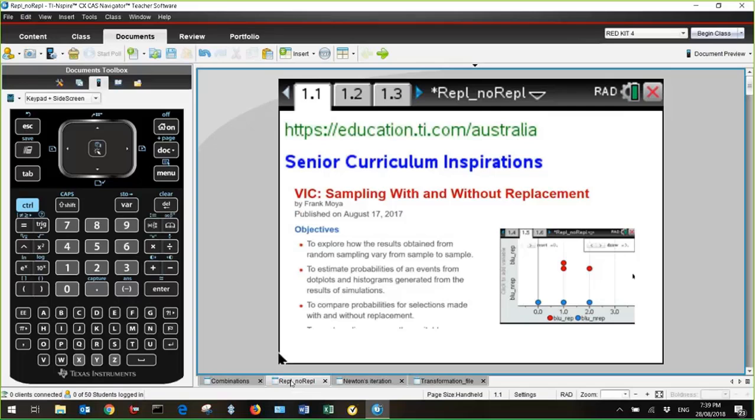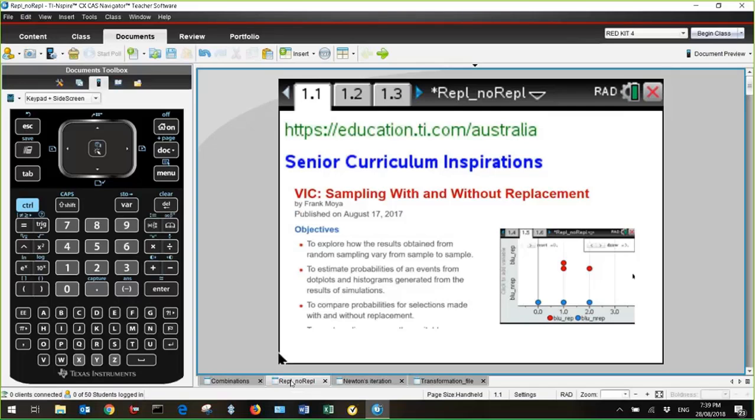there's this activity which aims to explore the results obtained from random sampling and show how samples vary from one sample to the next, estimate probabilities from the results of simulations, compare probabilities for selection made with replacement and selection made without replacement, and lastly, compare experimental and theoretical probability.